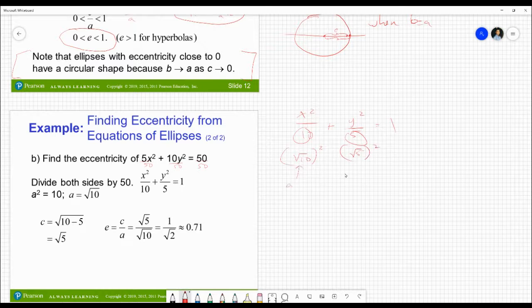That becomes our A value, and that becomes our B value. Once you have your A and your B value, you can find out what your C value is equal to. So 10 minus 5, or A squared minus B squared, square root of that equals square root of 5. So my E is equal to square root of 5 over square root of 10, or about 0.71.